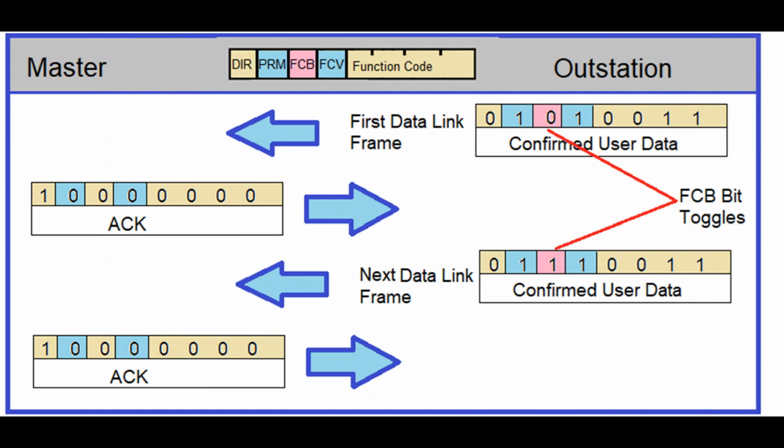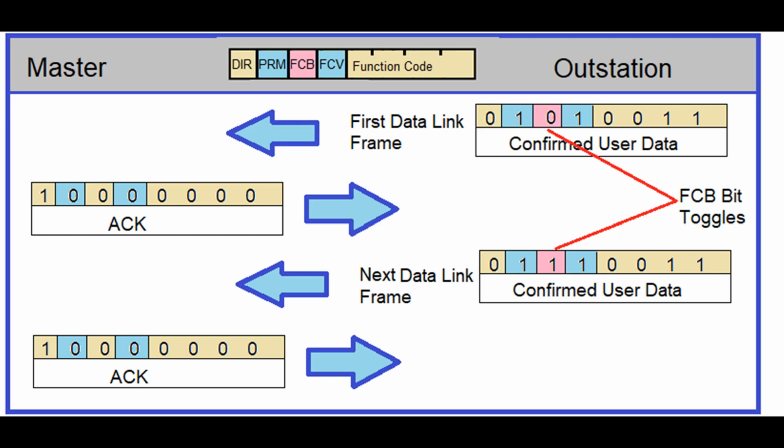Confirmed user data always uses the FCV and FCB bits. The FCV bit means that the FCB bit is valid. The state of the FCB bit is expected to toggle in each message.